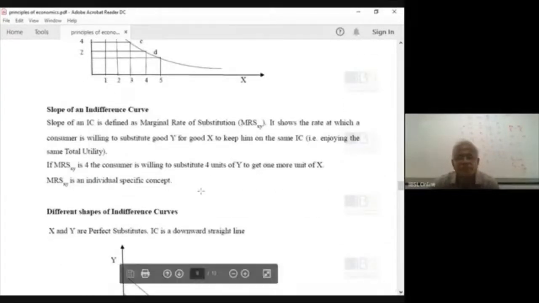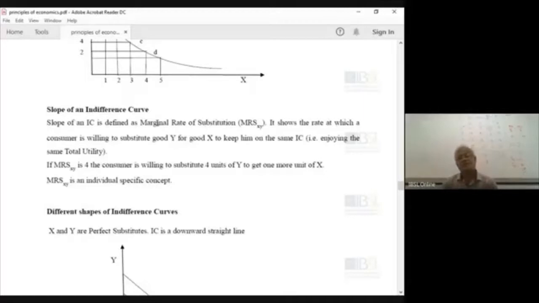I will first define the economics of this MRS. MRS is the slope of an indifference curve. Economic meaning is this. Slope of an IC is defined as marginal rate of substitution. It shows the rate at which a consumer is willing to substitute good Y for good X to keep him on the same IC, enjoying the same total utility.